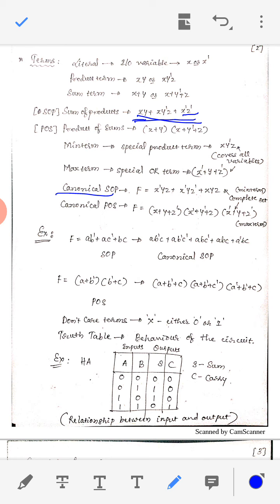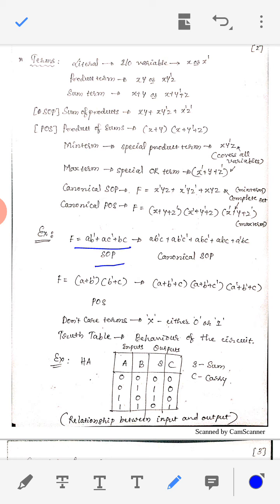But if you call it canonical SOP, then it will have x bar yz plus x bar y z bar plus xyz, means all the variables are there. So this kind of representation we call canonical SOP, or canonical POS if it is OR. Okay, the example for that we can see here.